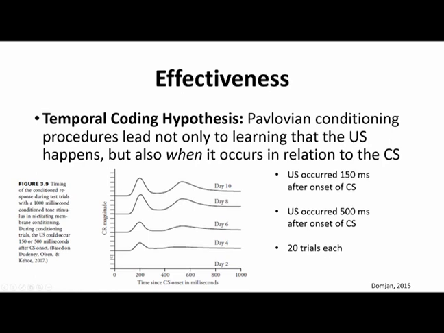So the setup here is that they have a novel kind of setup where the conditioned stimulus happens, and then 150 milliseconds after that conditioned stimulus, the US would be presented for the first time, and then at 500 milliseconds after the CS had been presented, the US would be presented a second time.